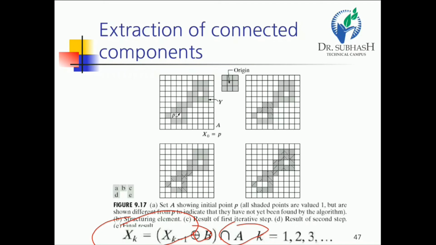So we have to utilize different images. This is A showing the initial point P, and all the shadows can be represented with that P. This is the structuring element for this one, and this one, E, is the final result for the extracted function.